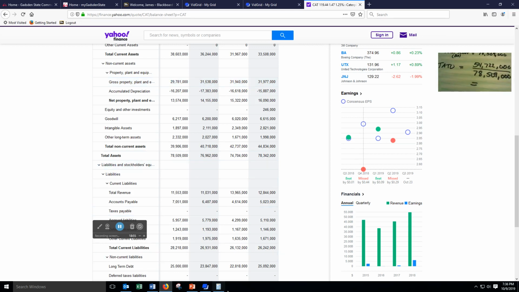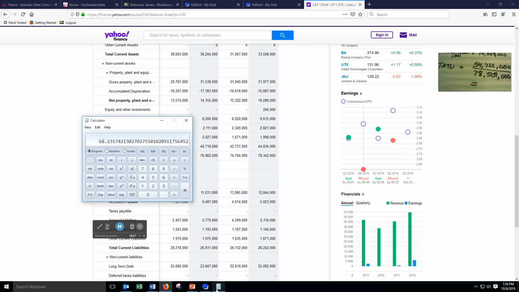We're going to go to our calculator. We're going to take that 54,722,000,000 in sales, and divide that by the $78,509,000,000 in total assets that Caterpillar owns, and we're going to get a number of 0.697.